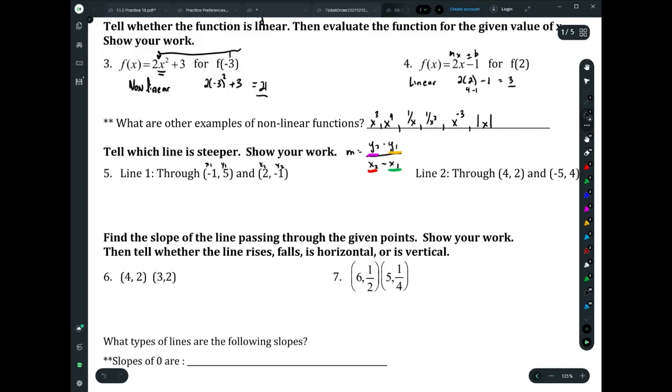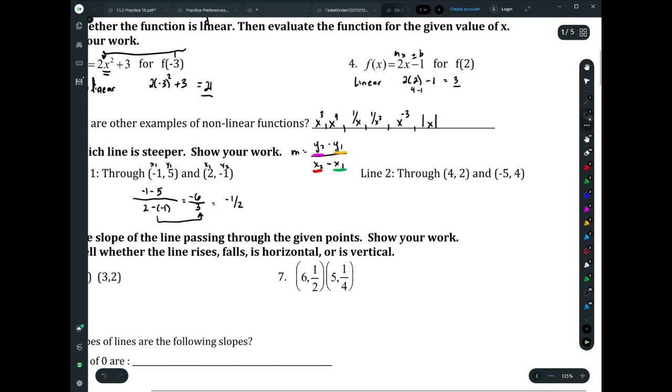That can be helpful. So when we substitute these values in, we have -1 minus 5, y2 minus y1, all over 2 minus -1. Be careful with this down here. Minus and negative is positive, so 2 minus -1 is 3. -1 minus 5 is -6, and our slope is -2.